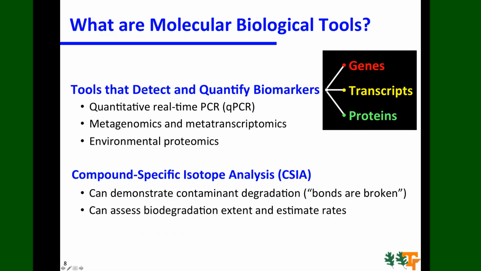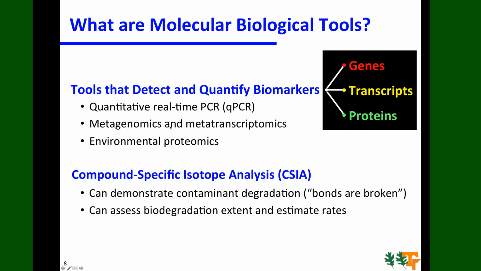So now what are MBTs? They are tools to detect and quantify biomarkers. And the biomarkers, I mentioned it, can be genes, transcripts, or proteins. And the common tool to detect and quantify genes and transcripts is quantitative real-time PCR, or short qPCR. And I'm going to talk a little bit more about this soon.